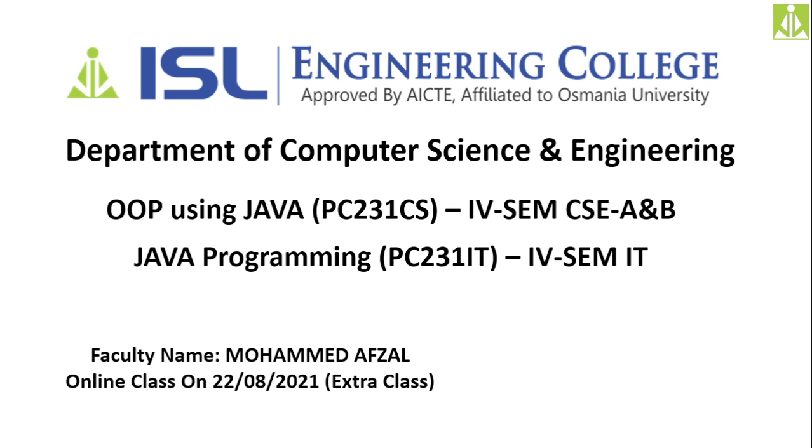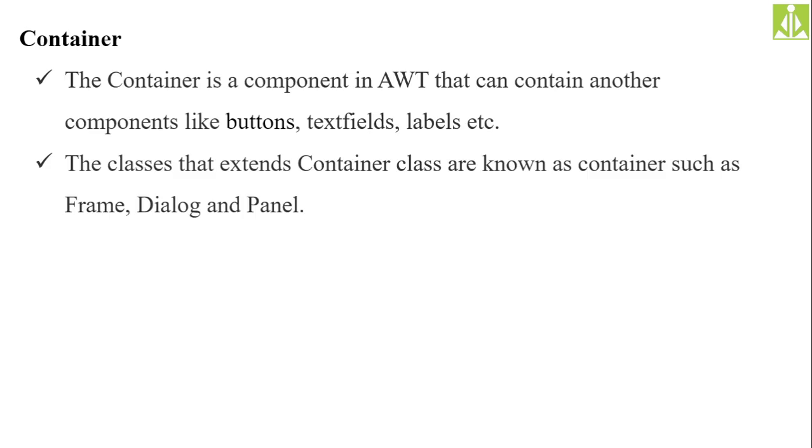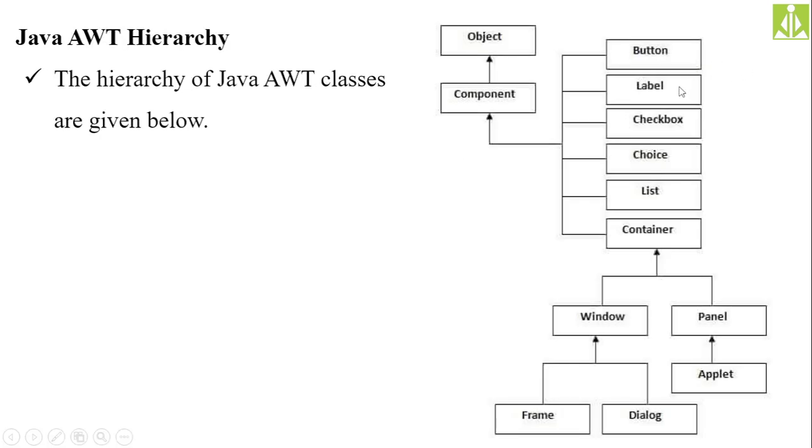So as I said, first we will see how we can create a simple message. Okay, for creating a simple message we have a component called Label. Under the Component class, because we have seen the hierarchy of these things, here you can see we have a component called Label.